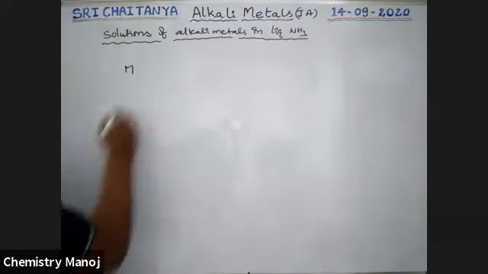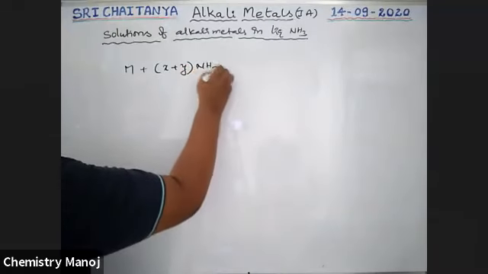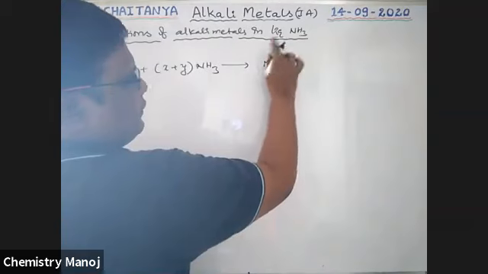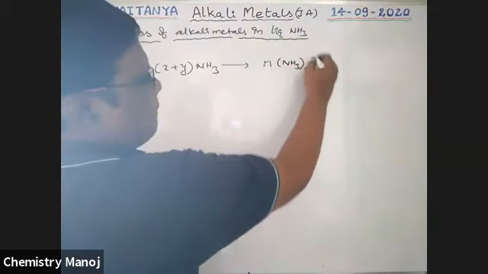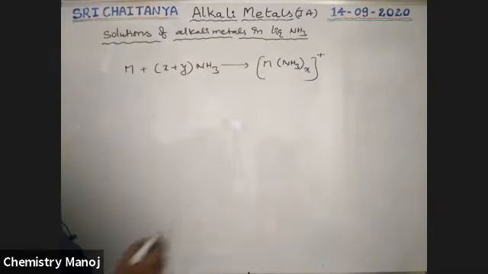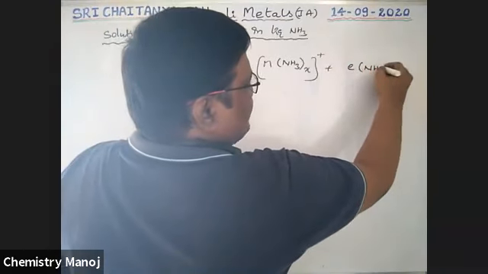M reacts with X plus Y moles of ammonia, that gives M plus ion with X moles of ammonia, so ammoniation takes place, and an electron with Y moles of ammonia.